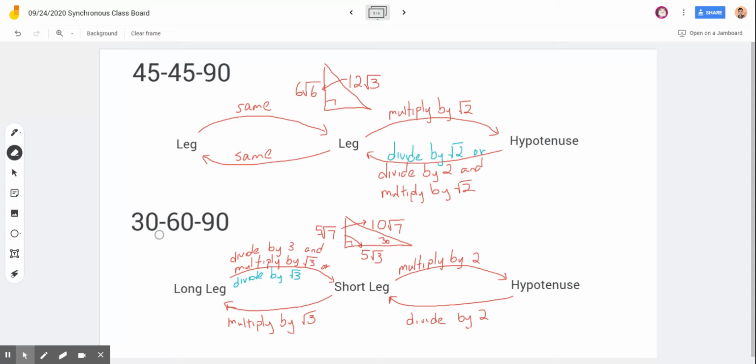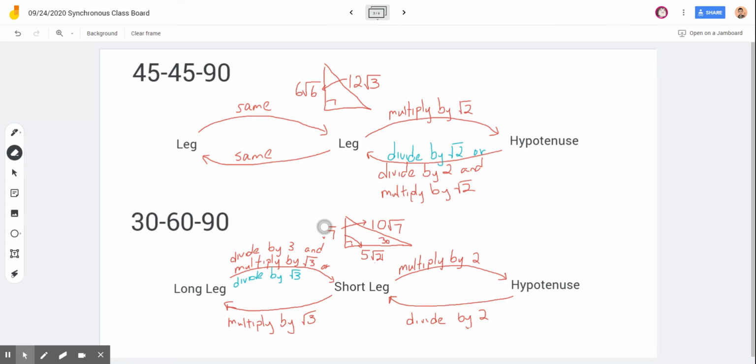Now for the long leg, we still multiply 5 root 7 by root 3. So root 7 times root 3 gives me root 21. That's it. So having the short leg is super, super useful, right?